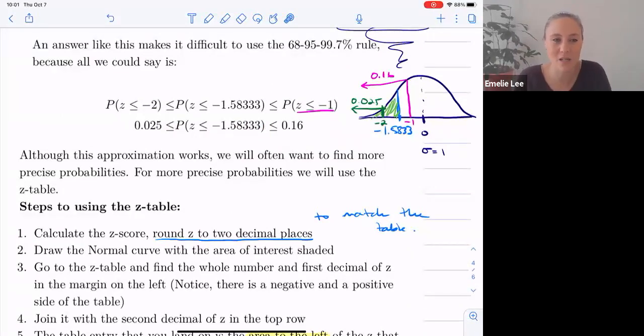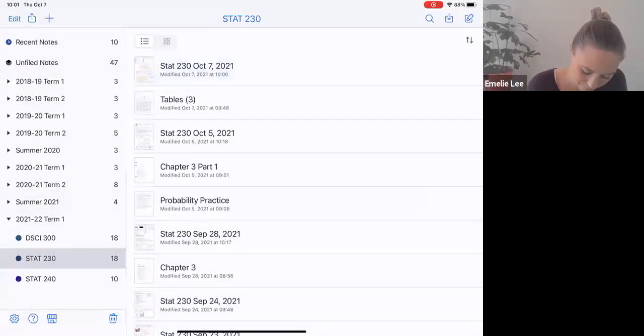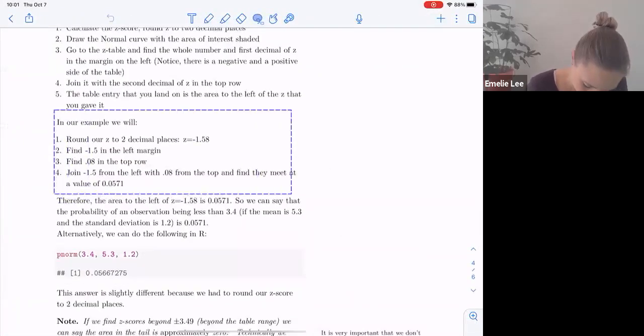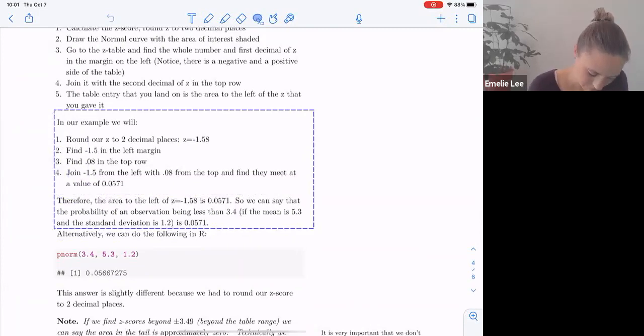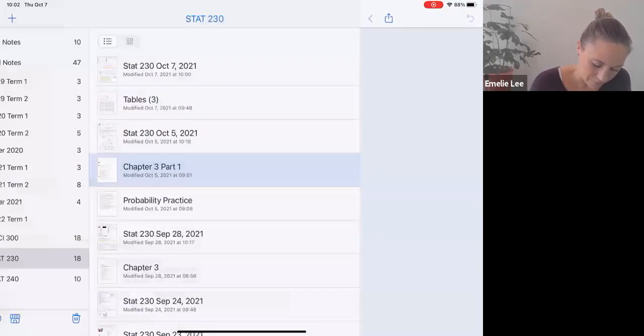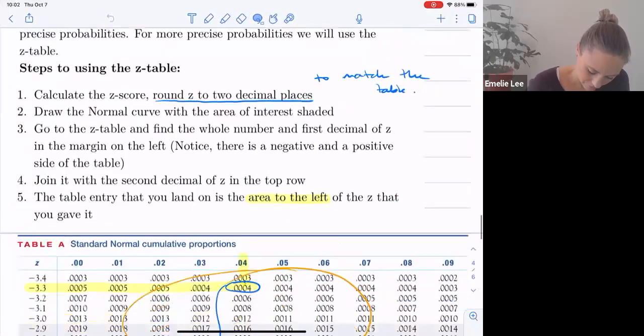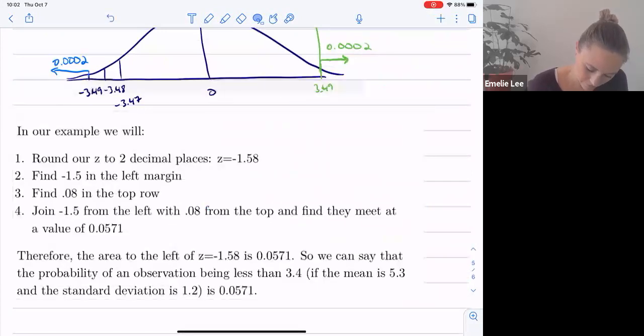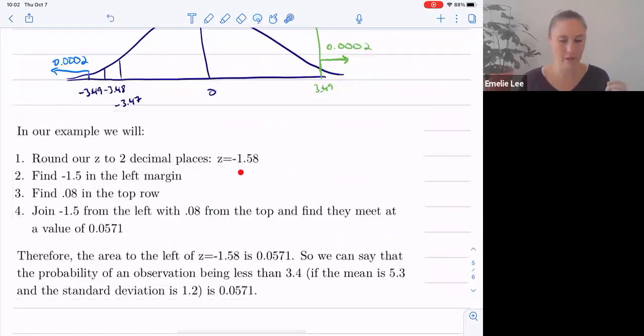So first thing I'm going to do is round this Z to 2 decimal places. Negative 1.58.